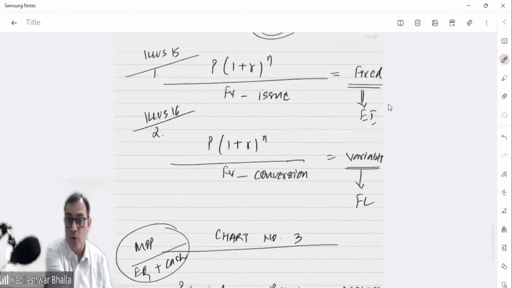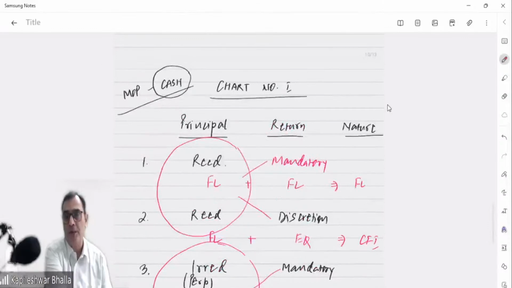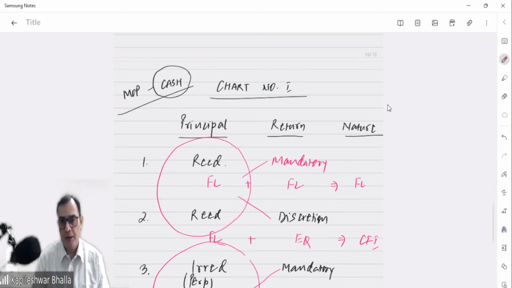Chart 4 and chart 5 are still pending because I'm yet to do the discussion based on that. But now we can certainly consolidate the picture in mind that when you're looking at the 3-step model, there are 3 different kinds of permutation combinations arising on a chart where the mode of payment is completely cash.